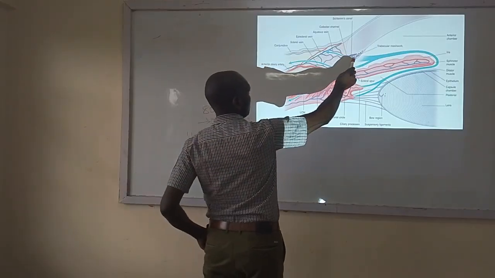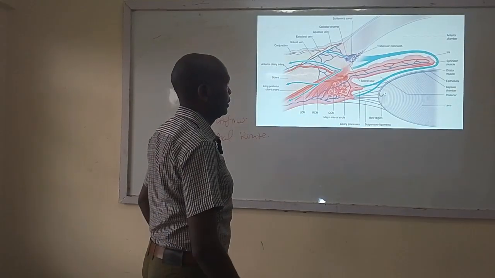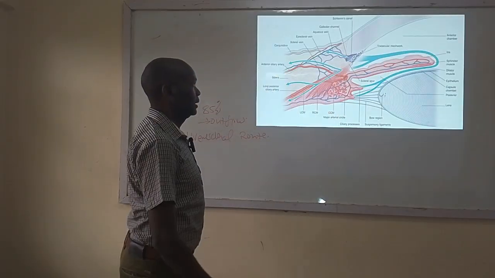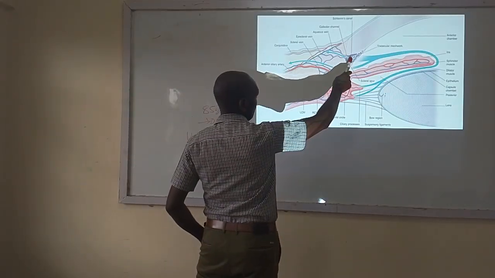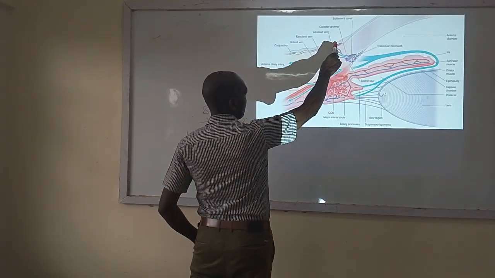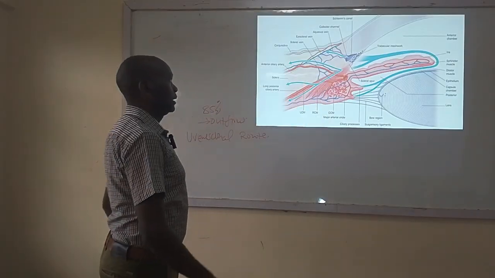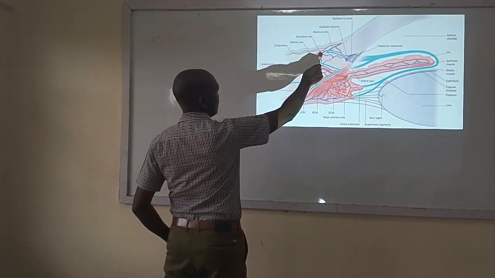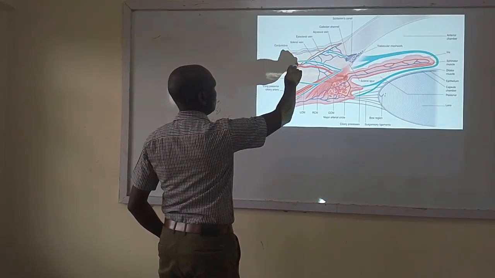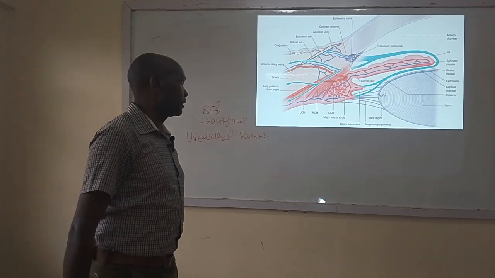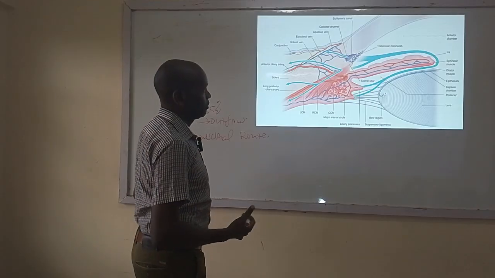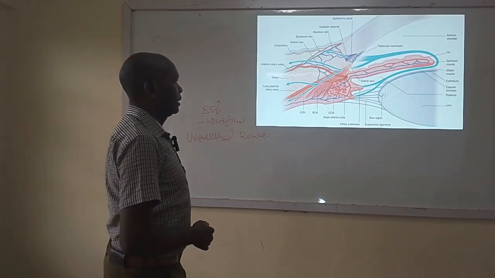So at this point, we have our trabecular meshwork, you can see. And then we have a canal here, what we call Schlemm's canal. From there, our aqueous humor will trickle into that space. It will get into the aqueous veins, as you can see. And then it will get into the episcleral veins. And then it is drained all the way up to what we refer to as the ophthalmic vein, which will drain our aqueous humor back into the circulation.